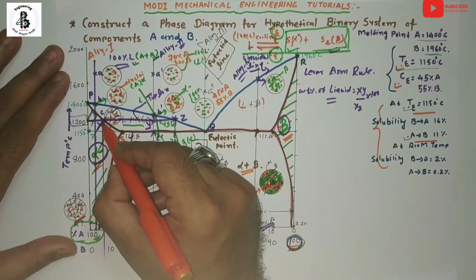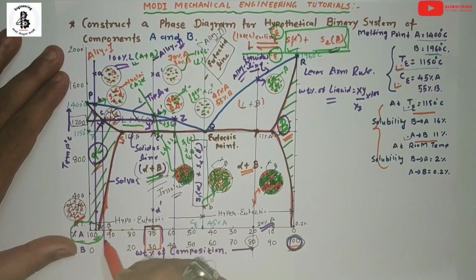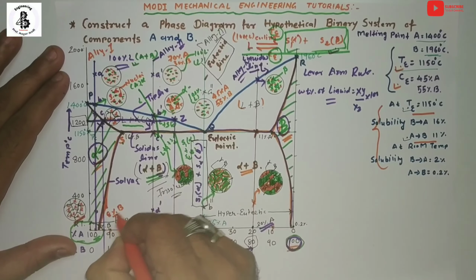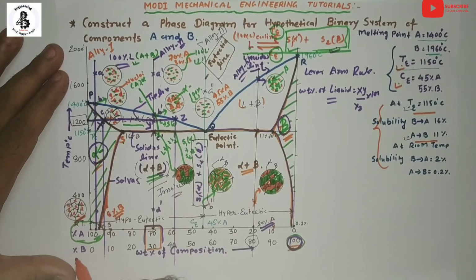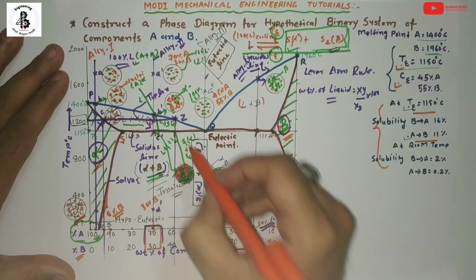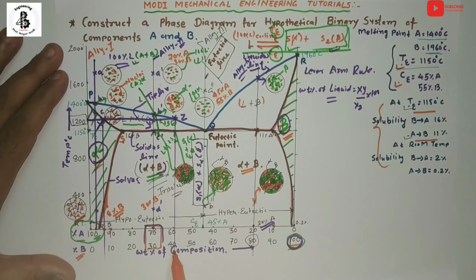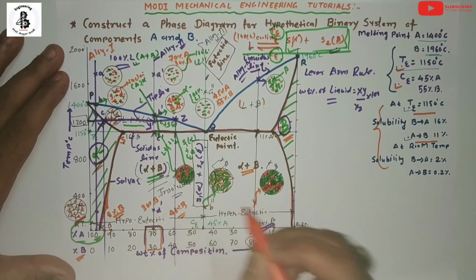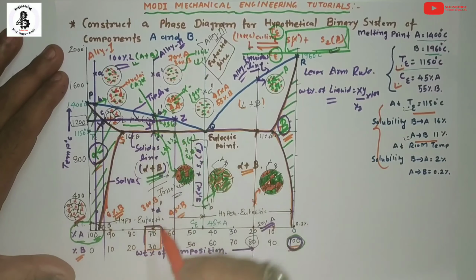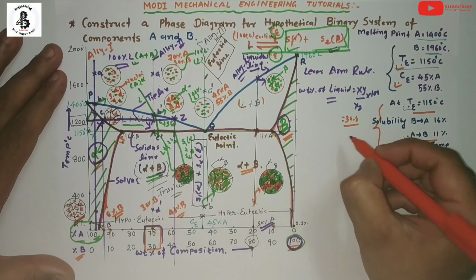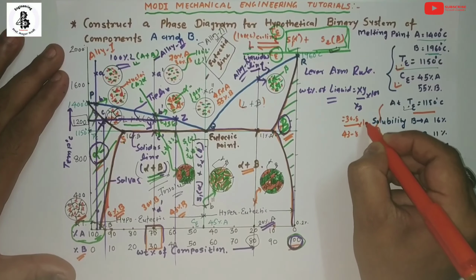By making a projection line from X, Y and Z, X will be almost 8% of B. So I always take the reference as the weight percentage of B. For the composition line, that will be 30% of B, and from Z it will be around 43% of B. So for X to Y, 30 minus 8 divided by 43 minus 8 into 100.